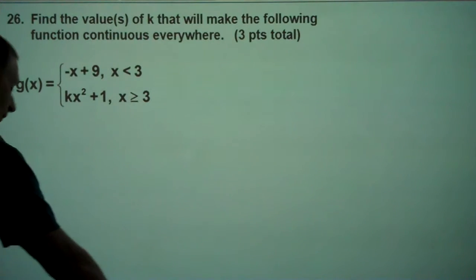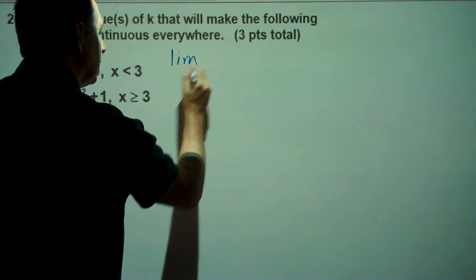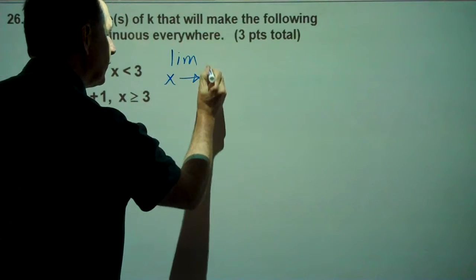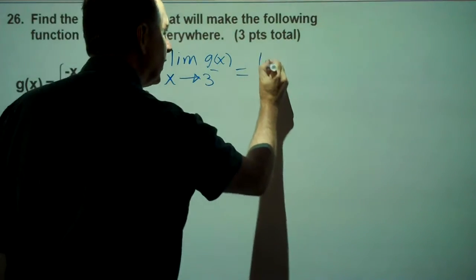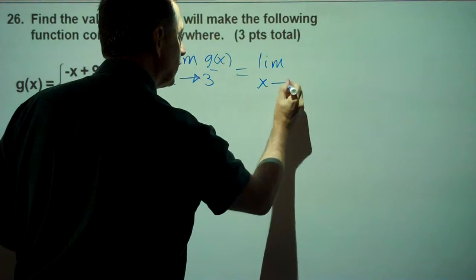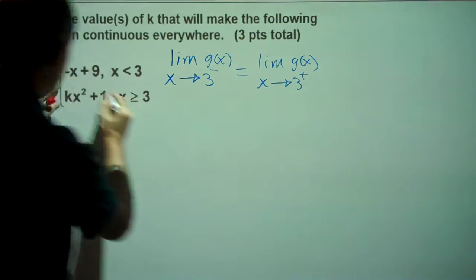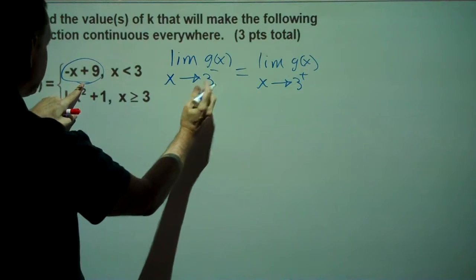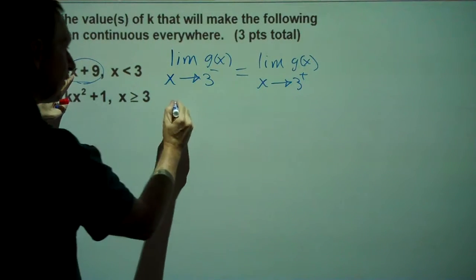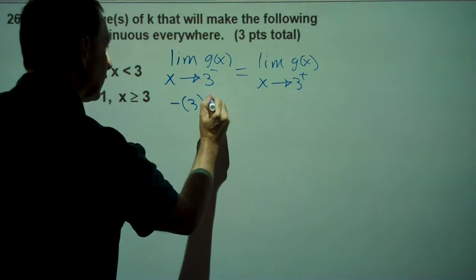So let's go ahead and do the analysis. For the limit to occur, we have to say the limit as x approaches 3 from the left side of g of x equals the limit as x approaches 3 from the right side of g of x. For the left side, we're talking about this function here, so substituting in 3 for x, we have negative 3 plus 9.